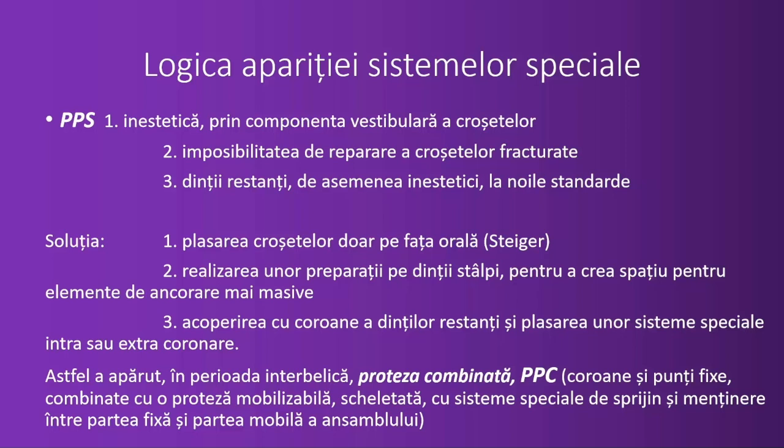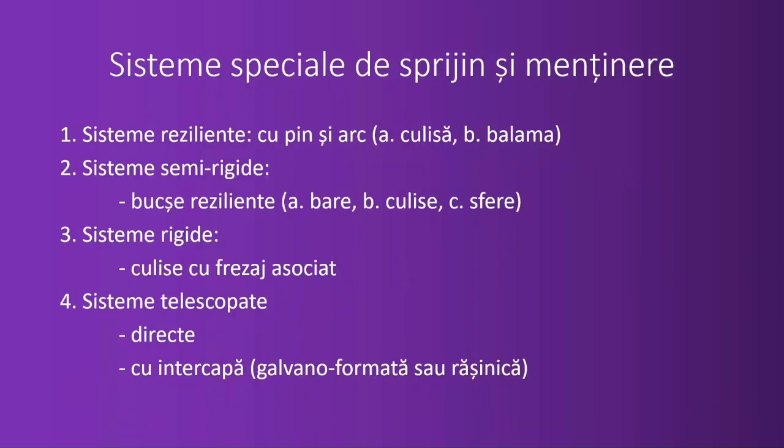And the third idea was to cover the remaining teeth with crowns and to place some attachments inside or outside of those crowns. So we had the combined denture, fixed and mobile, with attachments that allowed the fixed part and the mobile part to be joined together.